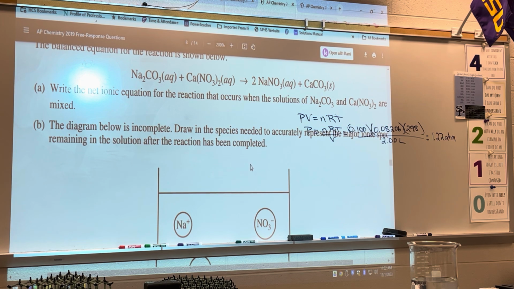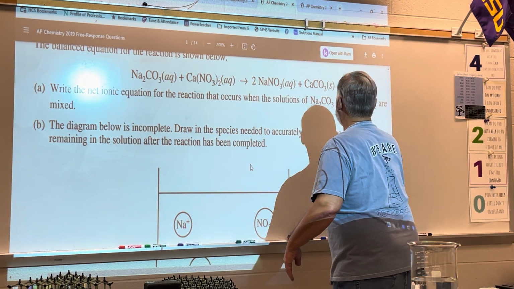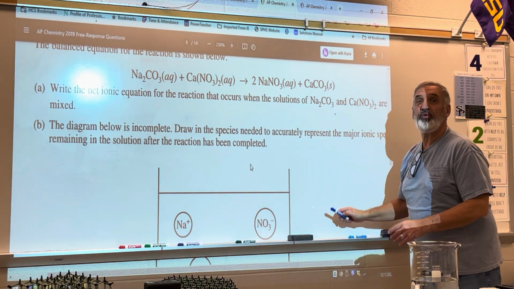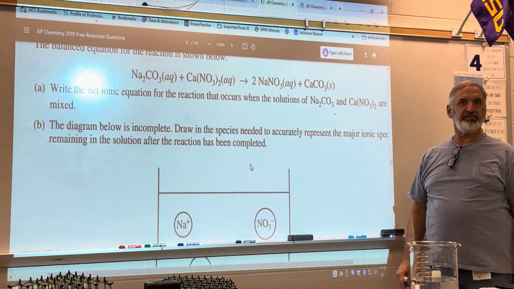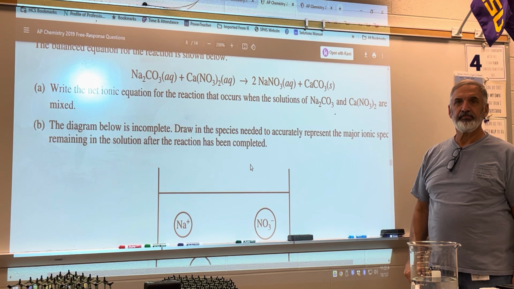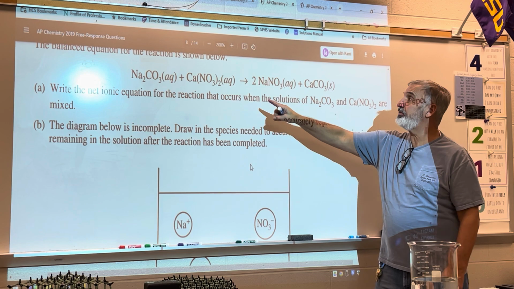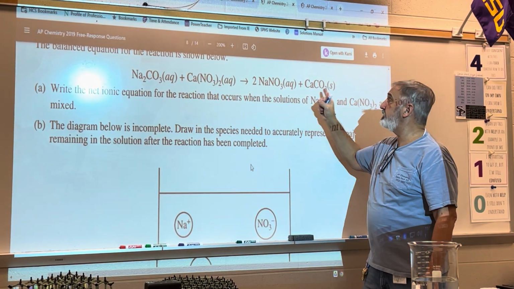Well, we don't need to do another net ionic equation, but that would be a good practice for you studying for the exam. Okay, notice these are all aqueous. Now just real fast, what are my spectator ions going to be in this one? Whatever's the aqueous one over here. Because it's aqueous, this is the normal one. Aqueous, aqueous, aqueous, solid.